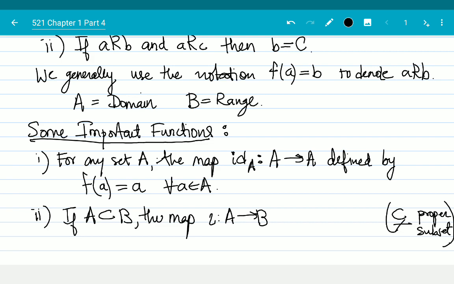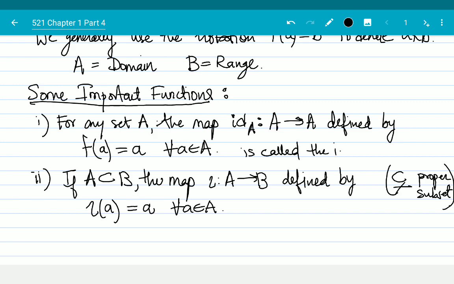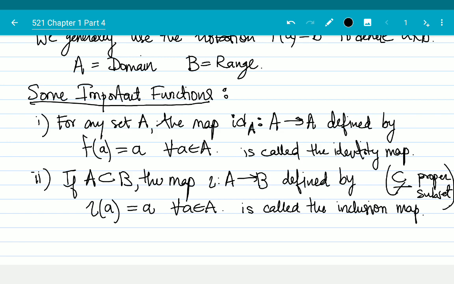Iota from A to B is defined by iota of a is equal to a for every a in A. This is called the identity map, and this is called the inclusion map. Okay.